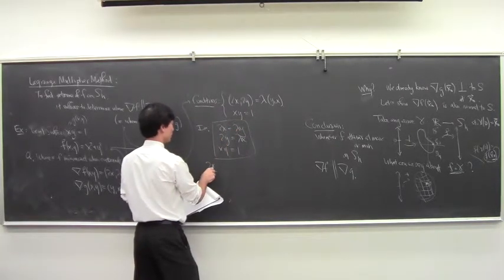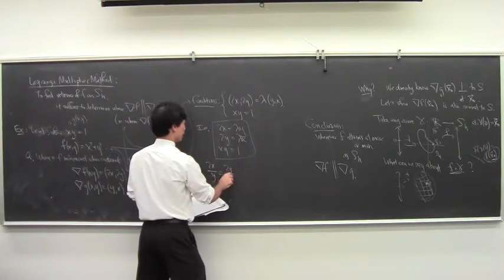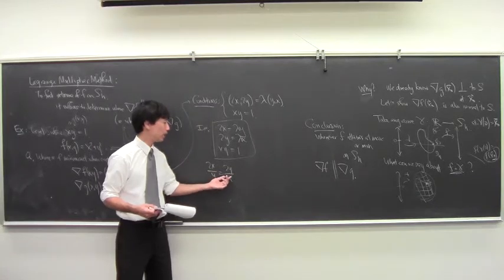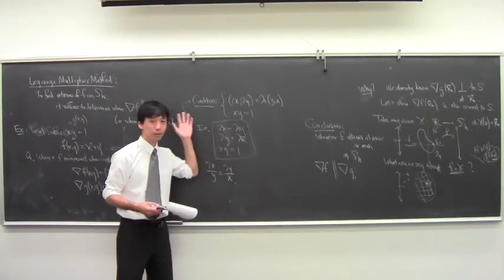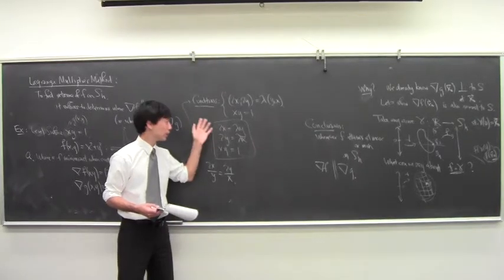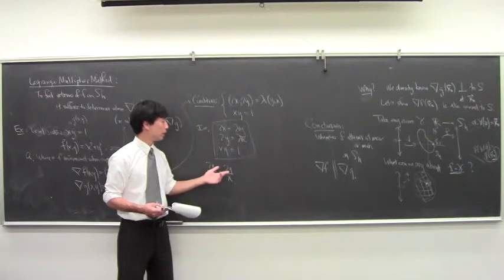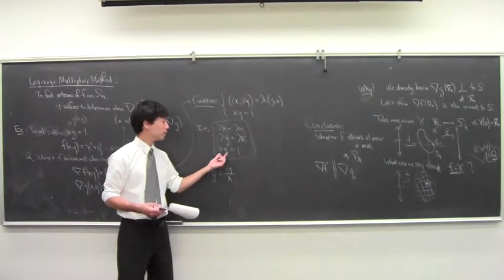So 2x over y is lambda. I see that 2y over x is also equal to lambda. And so that tells me that 2x over y equals 2y over x. You could do something else, but that's what I chose to do. And that's okay to do. It's okay to divide by y and by x because we know that we're constrained to xy equals 1, so neither of them could be 0.